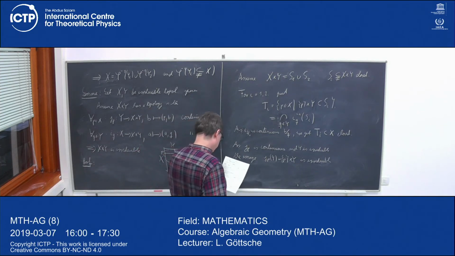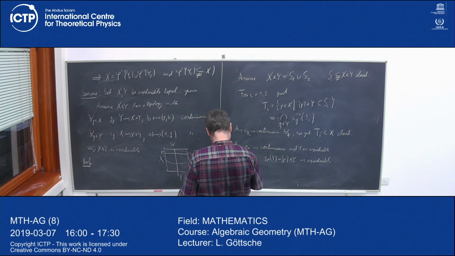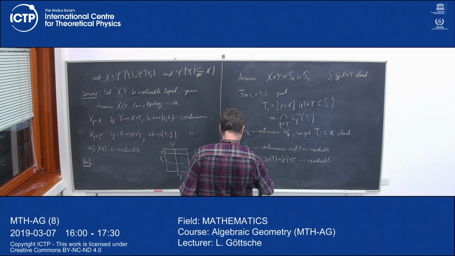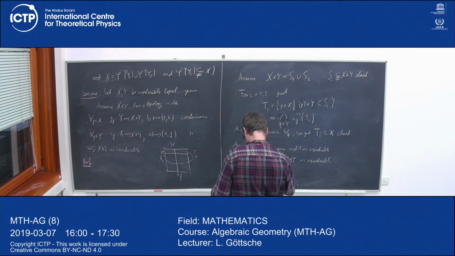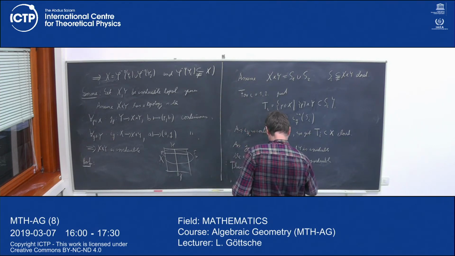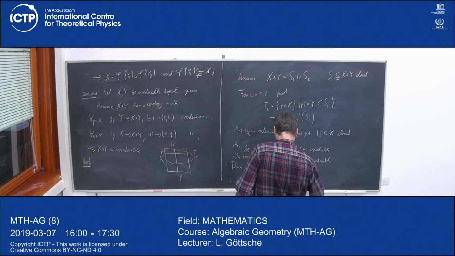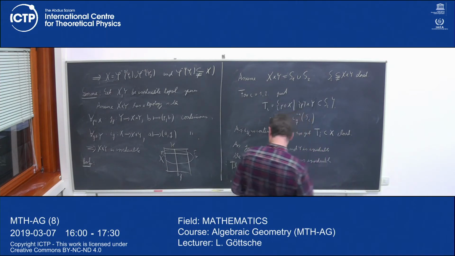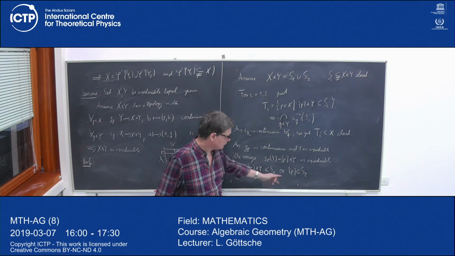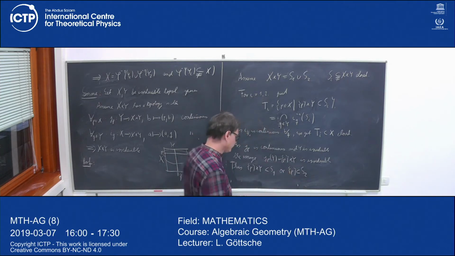So thus we find that P times Y must either lie in S1 or P times Y is in S2, for all P in X. So for each P, P times Y is in S1 or P times Y is in S2.